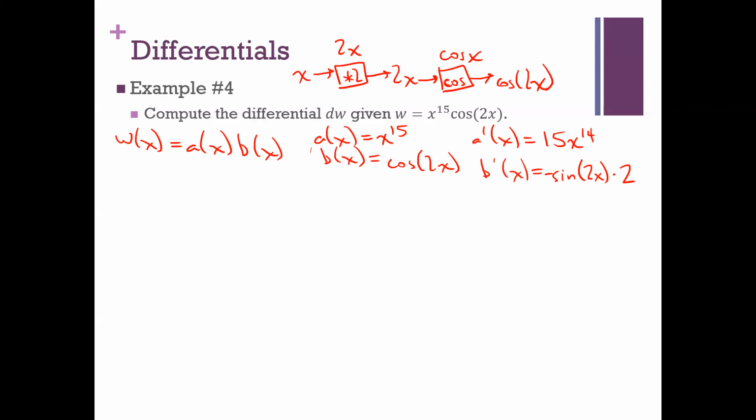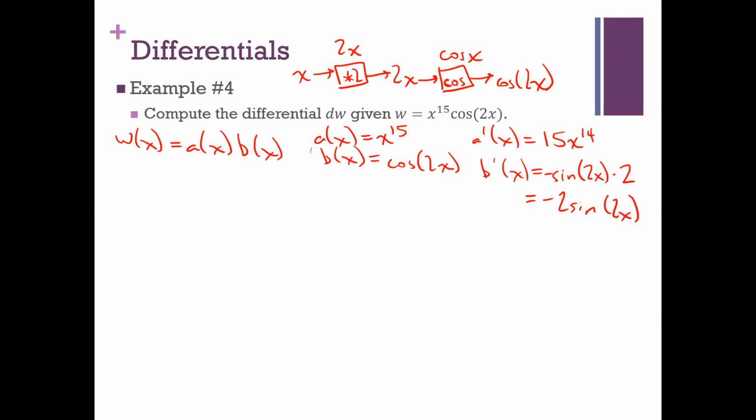Take the derivative of those functions, you get negative sine of x, and then just 2. So the derivative contains negative sine of 2x, but if you stop there, you miss the inner function. So b prime is negative 2 sine of 2x.